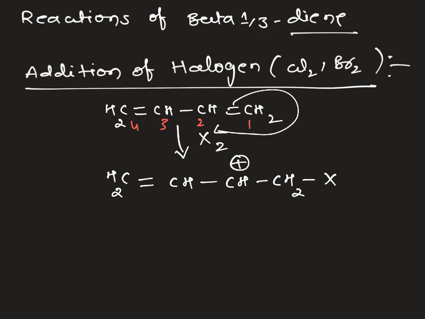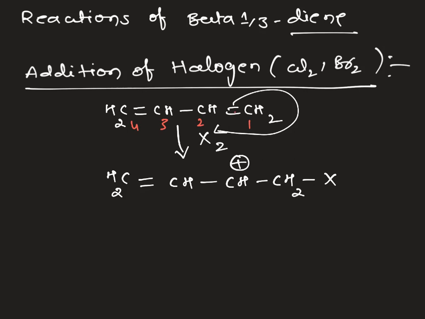If X attacks the first carbon, we get an allyl carbocation, which is much more stable. If X attacks the second carbon, we get a primary carbocation. Among the primary and allyl carbocations, the allyl carbocation is more stable.